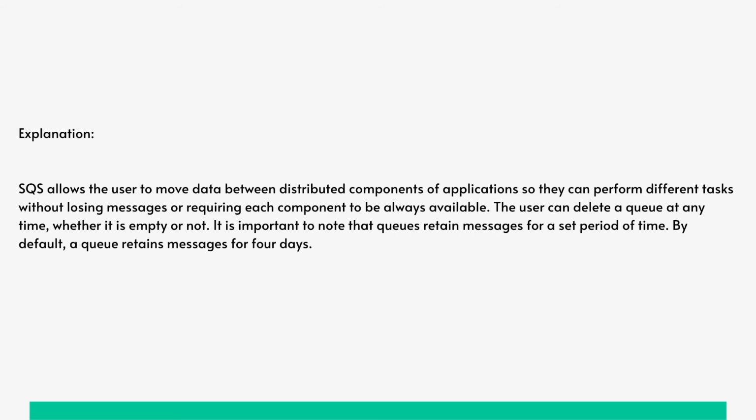The user can delete a queue at any time, whether it is empty or not. It is important to note that queues retain messages for a set period of time. By default, a queue retains messages for 4 days.